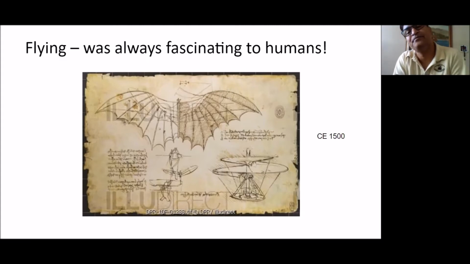Da Vinci made these drawings, but when he tried this, the biggest thing was that we didn't understand the aerodynamics, and we didn't have mechanical power. People tried just putting a wing on their shoulders and flapping it, and failed miserably because humans are very heavy.